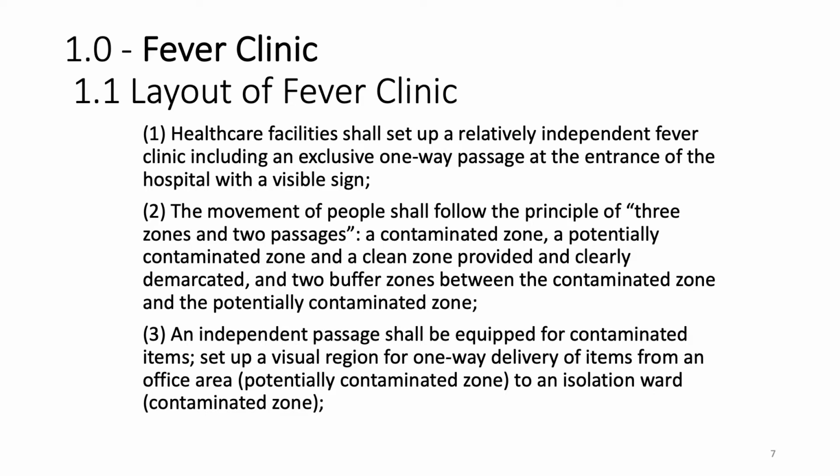The movement of people shall follow the principle of 3 zones and 2 passages: a contaminated zone, a potentially contaminated zone, and a clean zone provided and clearly demarcated, and 2 buffer zones between the contaminated zone and the potentially contaminated zone. 3. An independent passage shall be equipped for contaminated items. Set up a visual region for one-way delivery of items from an office area, which is potentially contaminated zone, to an isolation ward, which is the contaminated zone.